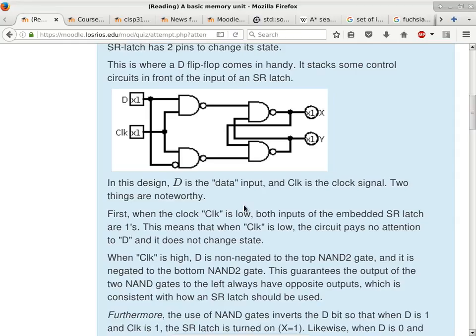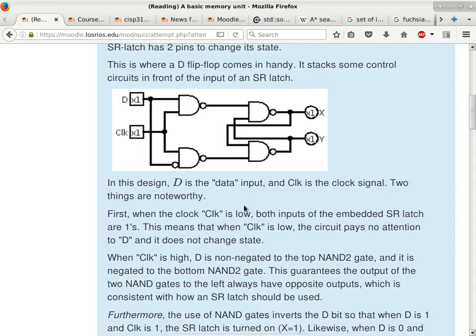All right, so let's take a look at this one here. So we have D, which stands for data. So that's one input pin. It goes into one NAND gate, which feeds into, let's see. Well, I'm just thinking about whether I should use the SR latch symbol. So I'm going to use the SR latch symbol. So we turn the second part into just an SR latch here.